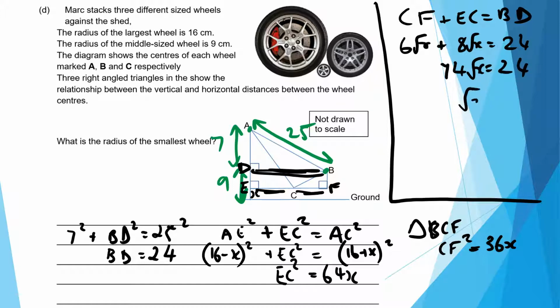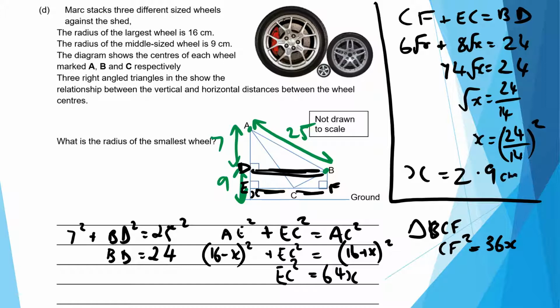So the square root of x equals 24 divided by 14. So x must equal 24 divided by 14 squared. X equals about 2.9 to 1 decimal place centimeters.